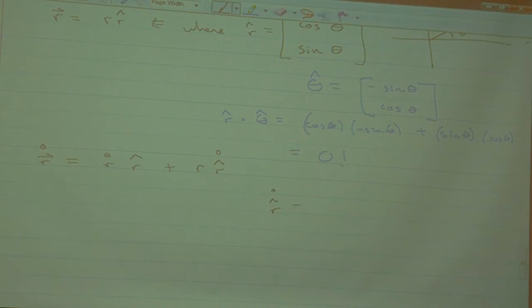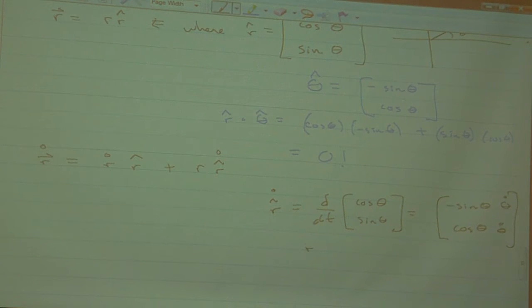R hat dot is d by dt of cosine theta, sine theta. Okay, so now I'm going to use the chain rule. The derivative of the cosine is minus the sine. And the derivative of theta is theta dot. So the time derivative of the cosine of theta is minus sine theta, theta dot. Everybody happy? Good. The derivative of the sine of theta is the cosine of theta, theta dot.